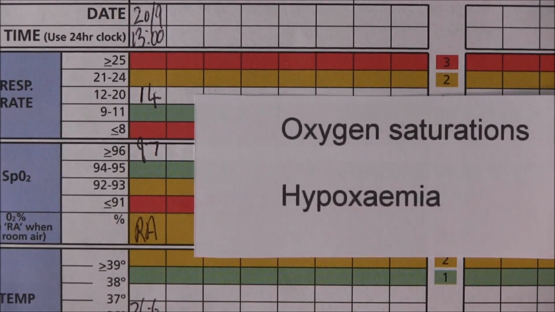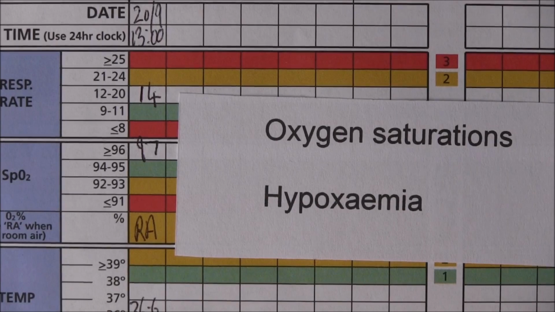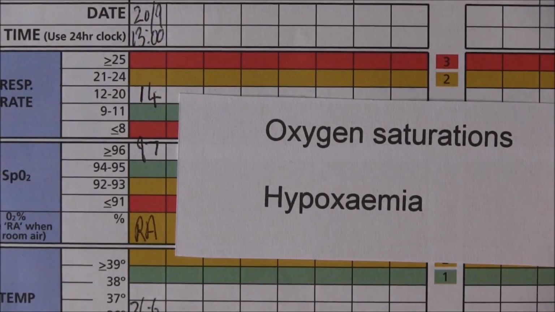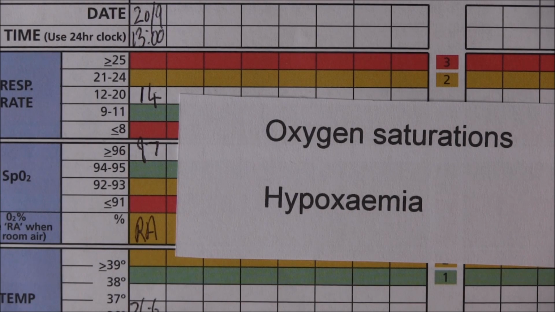Now the oxygen saturation is the percentage of the hemoglobin in the blood which is oxygenated. So each hemoglobin molecule in the red cells can carry 4 molecules of oxygen, and it's how saturated these are.